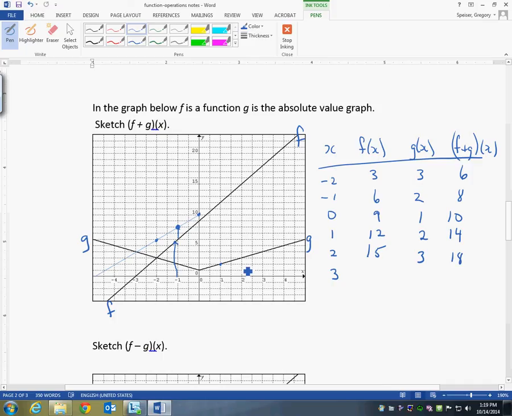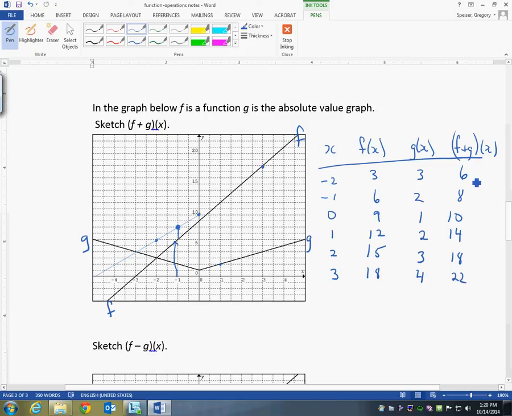And when x is equal to 3, I get a 1, 2, 3, 4 for g of x, and 20, 19, 18. I get an 18 here, so I get a 22.